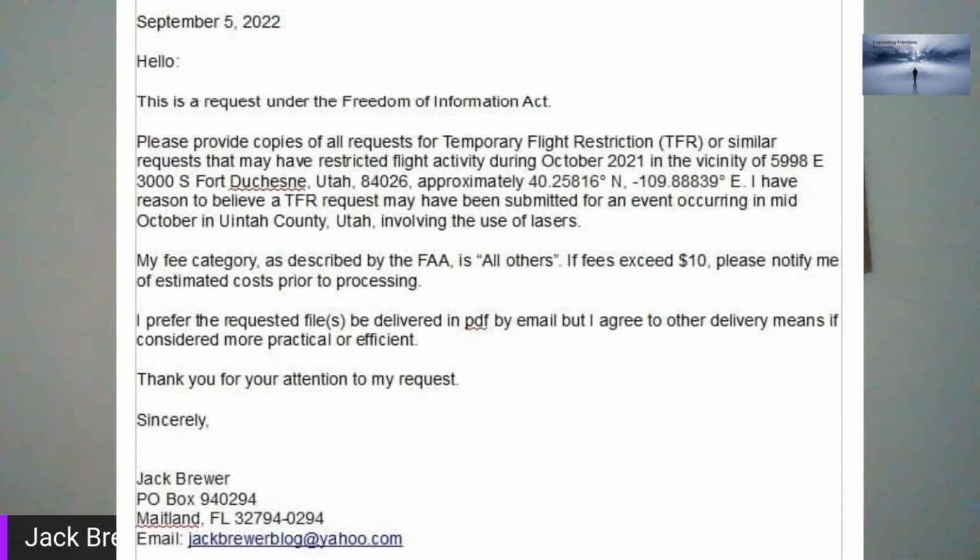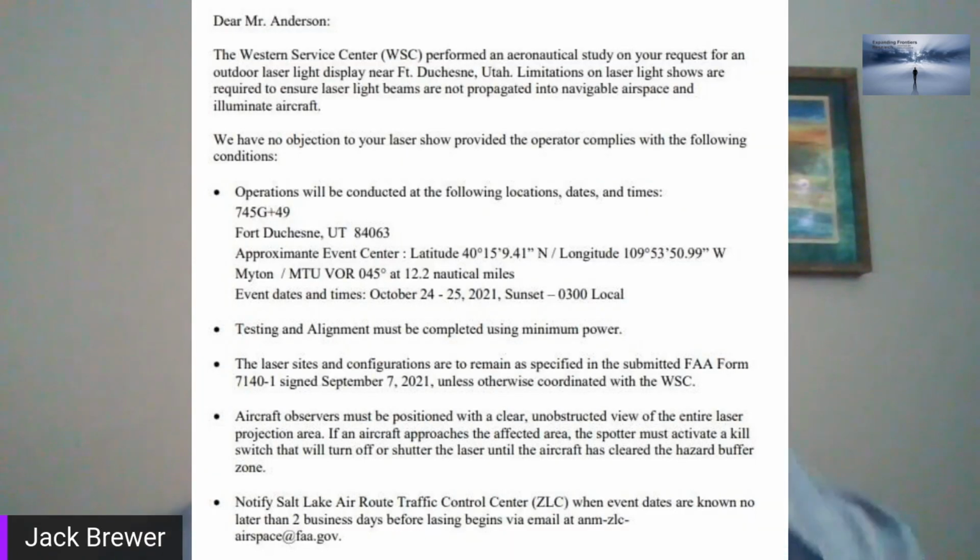Thank you. And the next slide shows us what the FAA did provide, a couple of pages. This is part of the FAA response to someone that was acting on behalf of Skinwalker Ranch, and they had apparently requested to restrict air traffic during some type of event, the laser show or some type of event that Skinwalker was apparently filming and doing.